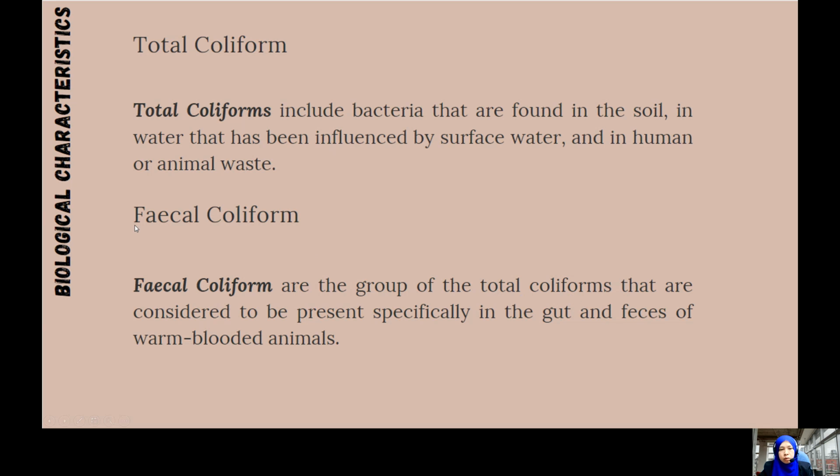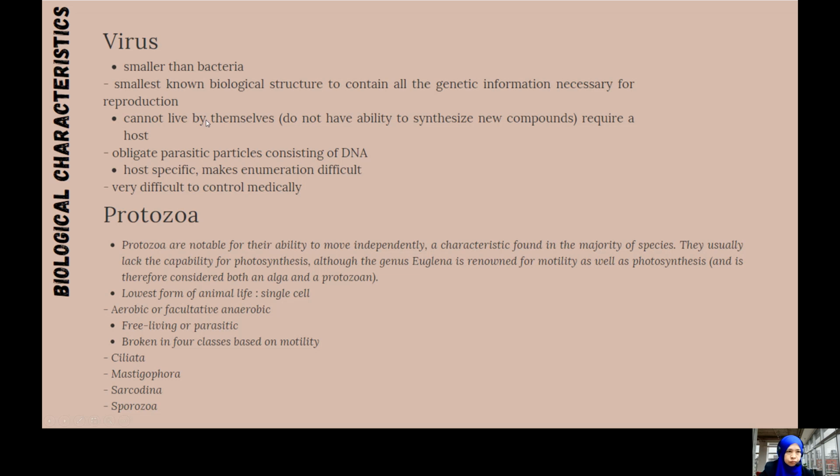Fecal coliform is one of the groups of the total coliform, present especially in the gut and feces. Fecal contamination is from warm-blooded animals or humans.